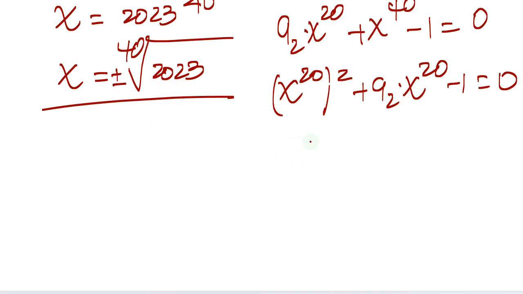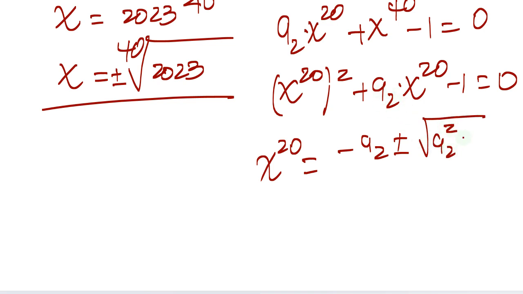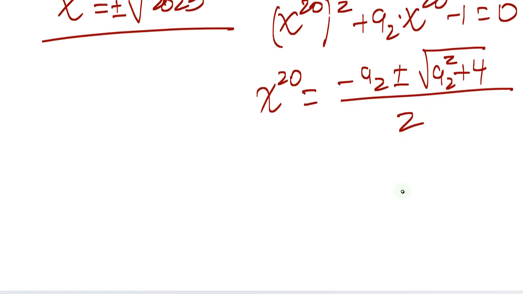So guys, from here, solving this quadratic equation in terms of x to the 20, we're going to have minus a2 plus or minus the square root of a2 squared plus 4, divided by 2a, which is only, which a is 1.